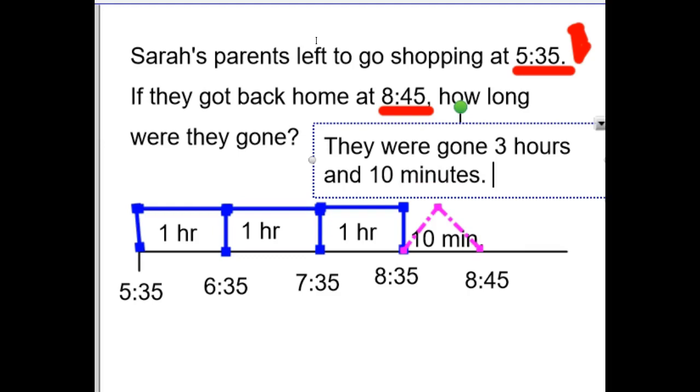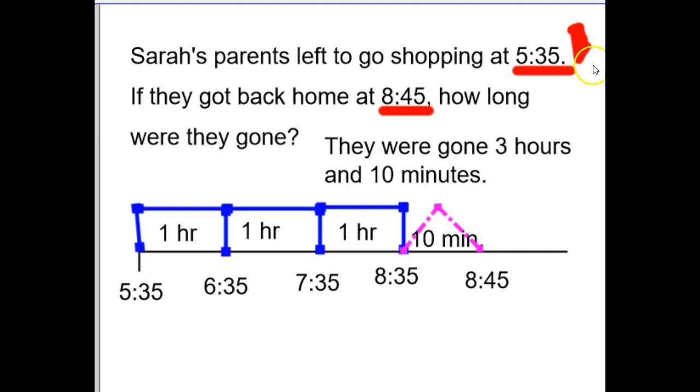That would be a good third grade answer because I've answered the question and I have work to show that I can back up my answer. So that's just one way when we know our beginning time and our ending time, how we can solve for that elapsed time.